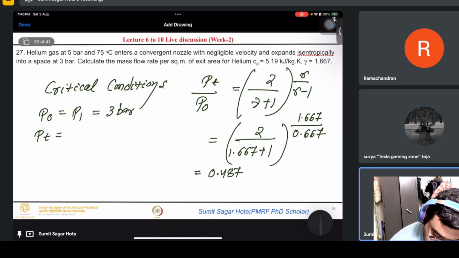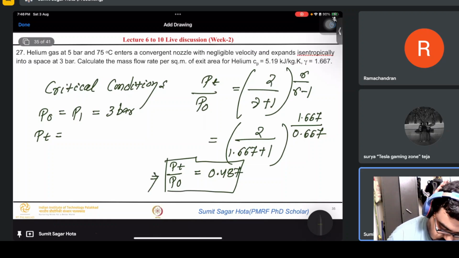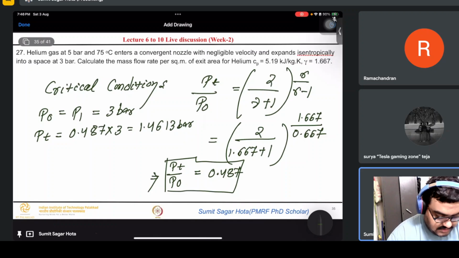If you solve it, substitute, 0.487 into 3, 1.4613 bar.